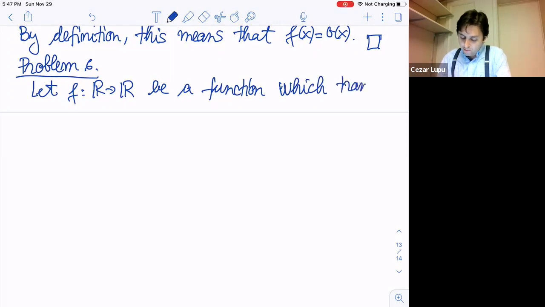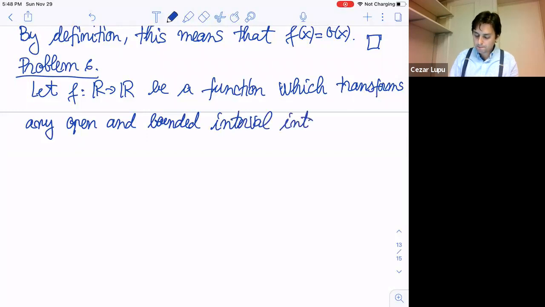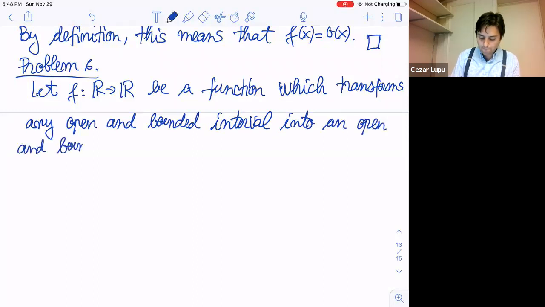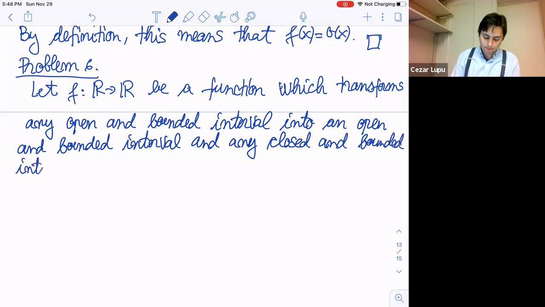It transforms any open and bounded interval into an open and bounded interval, and any closed and bounded interval into a closed and bounded interval.